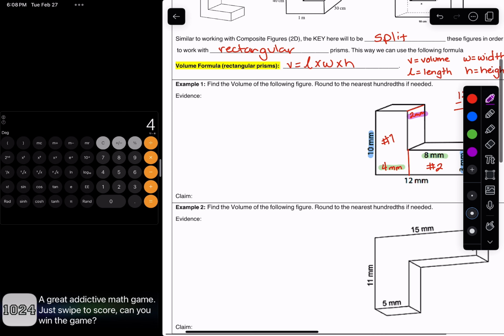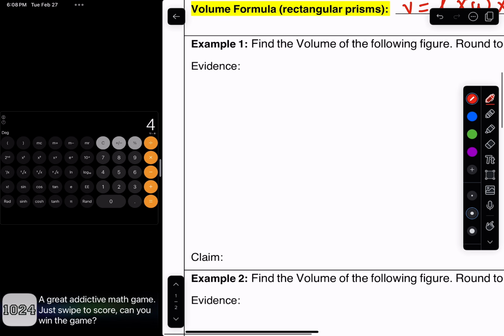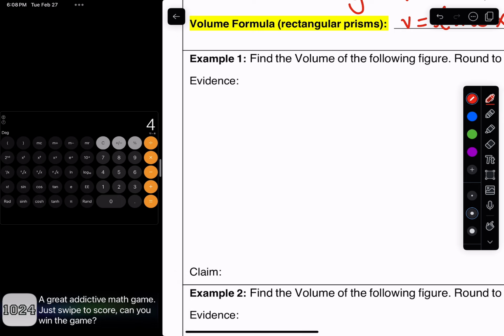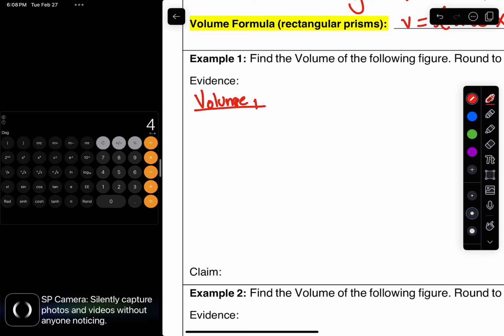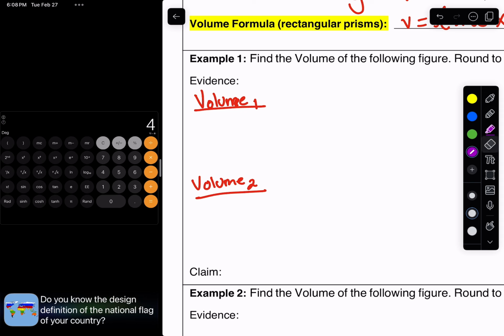So we're going to do this how we did with the composite figures. We're going to do volume of the first one, right? We'll put a 1 right there. And then volume of the second. Let me label this better.